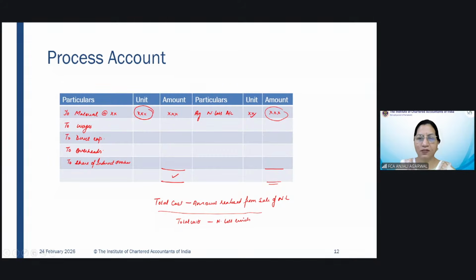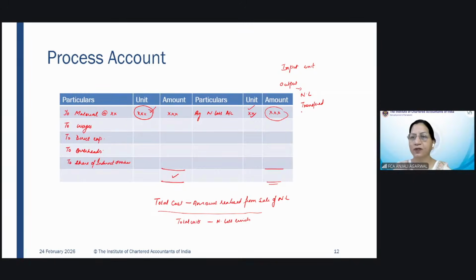So in process costing, it is very important to first find out, using the units tally, what are the total units of input, and from there you will calculate the output, which will be your normal loss and units transferred to next process.